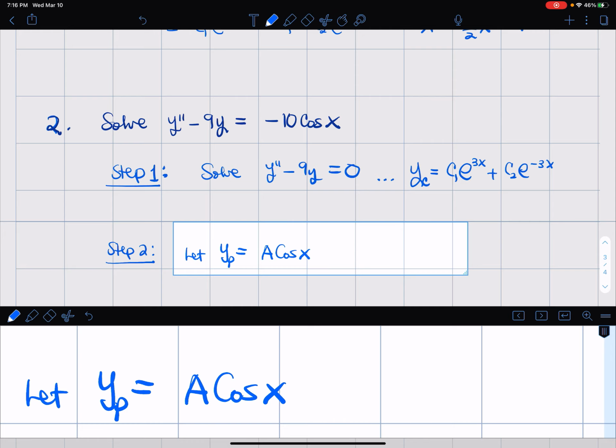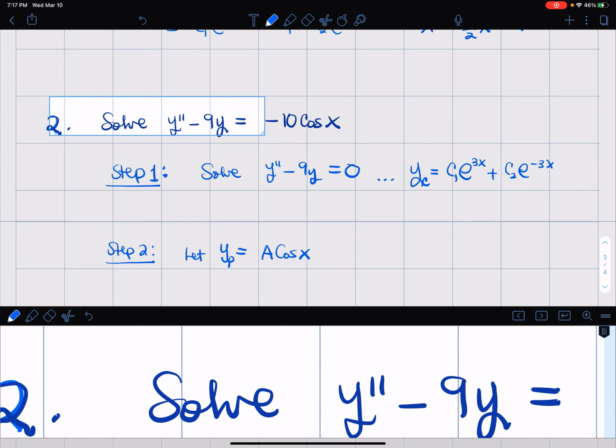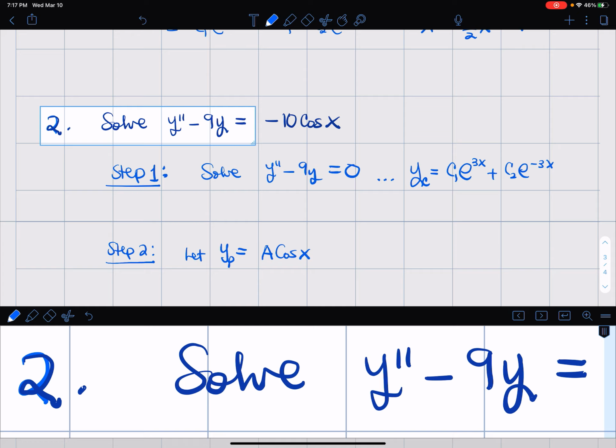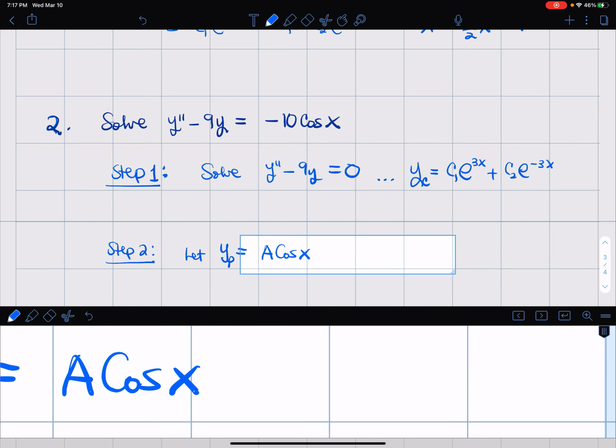But at the same time, since cosine and sine trade their derivatives, like the derivative of sine is cosine, derivative of cosine is negative sine, it's quite possible that y could be either of them. It could be sine, it could be cosine. So to be more general, we could also say plus b sine x.